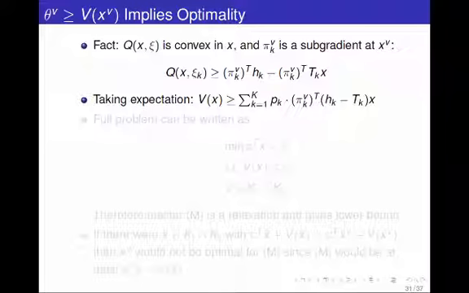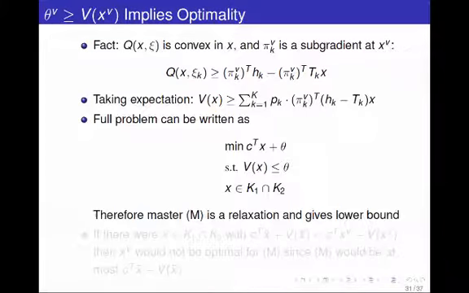And that's an important fact now, because when I look at my full problem, an equivalent way to write it is this. Here I'm just writing the full problem without dropping any constraints. I argued to you at the beginning of the course that this formulation describes a piecewise linear function. So if I know that v of x is piecewise linear, this is really the original problem I want to solve.